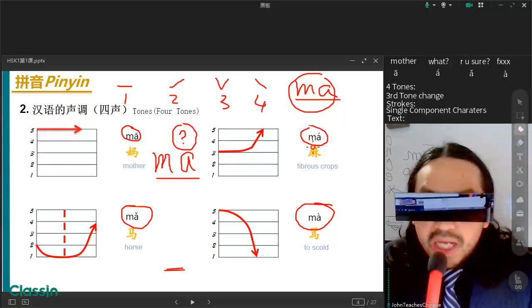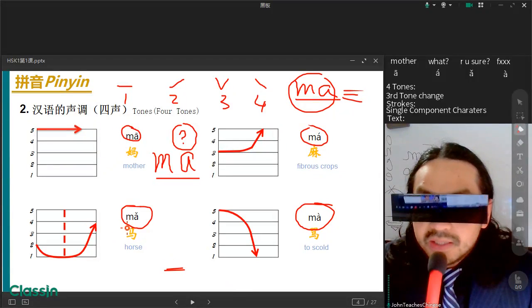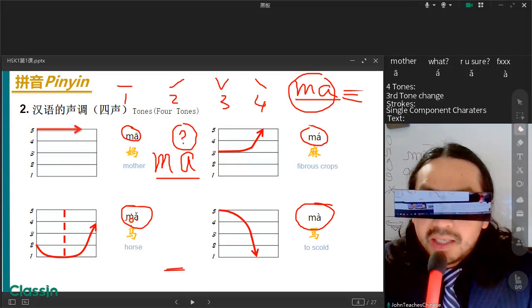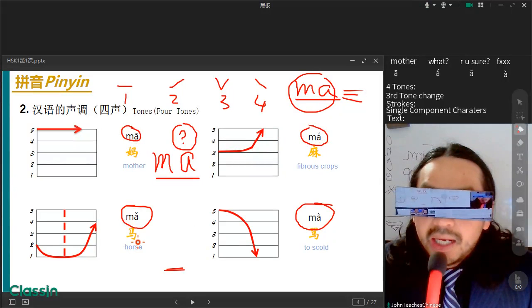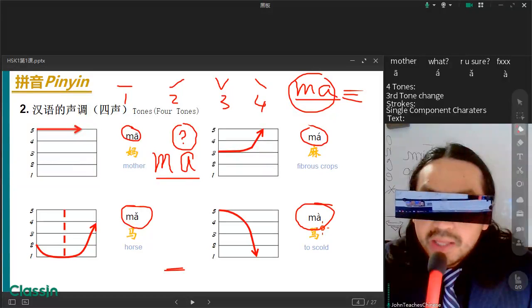The second one, still ma, not changed, but the tone. Ma always the same. The third tone, ma. Fourth one, ma.